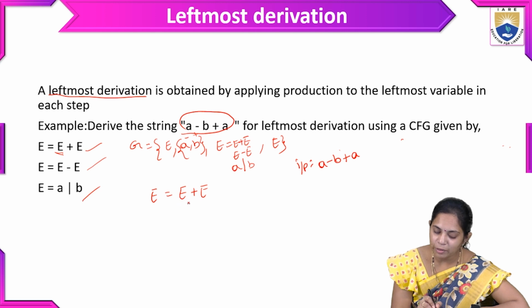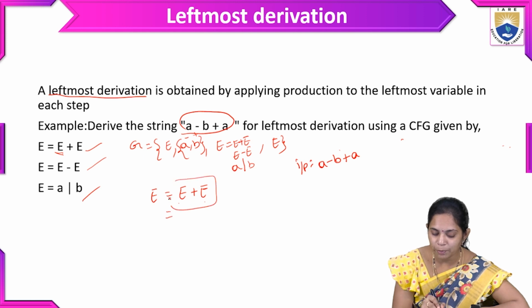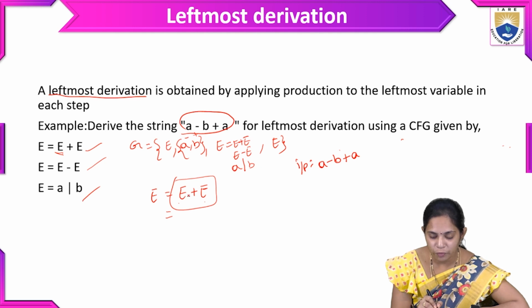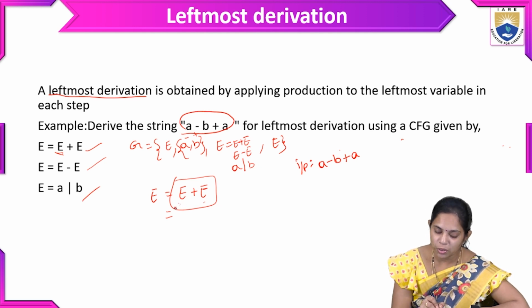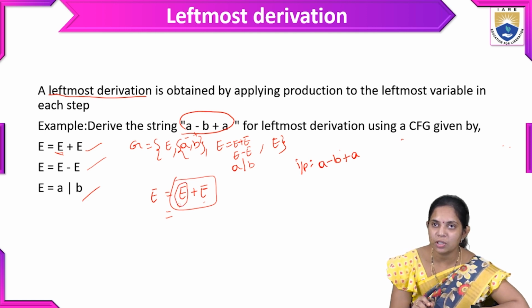Every time we have to change only the right hand side part, not the left hand side. In the right hand side also we have two non-terminals, one on the left and one on the right. If you replace the left one, this is the leftmost derivation.